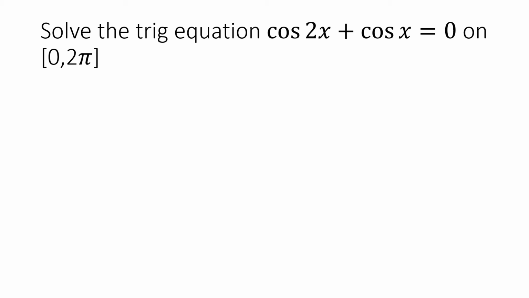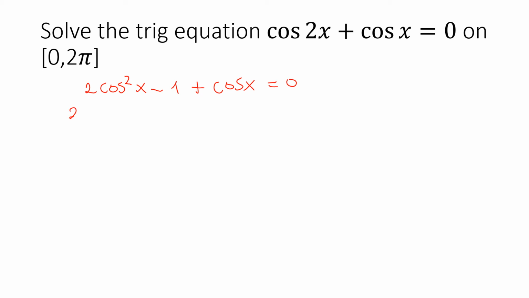Solve the trig equation cos 2x plus cos x equals 0 on the interval 0 to π. We could transform this into a quadratic equation. So for cos 2x, the best identity here is 2 cos squared x minus 1, and now plus cos x equals 0.